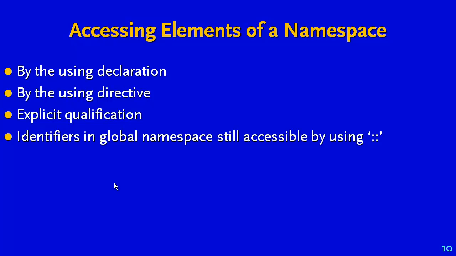The second one is called the using directive, which is a high level global command, you might say. And the last one is explicit qualification. Explicit qualification means you actually tell explicitly in your code which namespace and which function you're using. The global namespace, just like the good old days, is still accessible using the scope resolution operator here without a namespace name, because it's got no name.